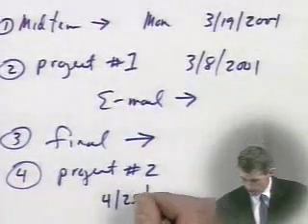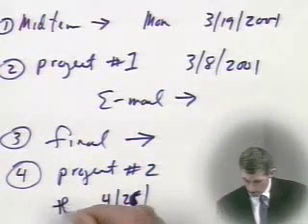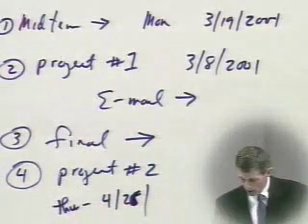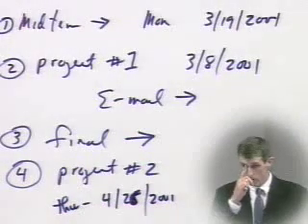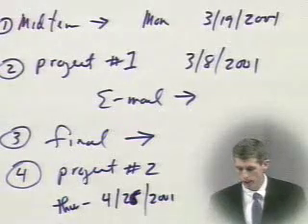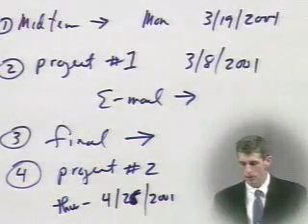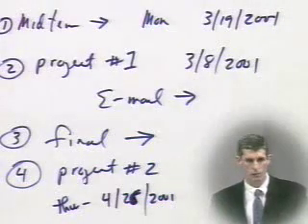Yeah. So let's make that Thursday, just to give you another day. So Thursday, the 26th of April, 2001, is the due date, and you can email these to probably one of the TAs. So now we have hard dates for all 4 of the deliverables for this class.